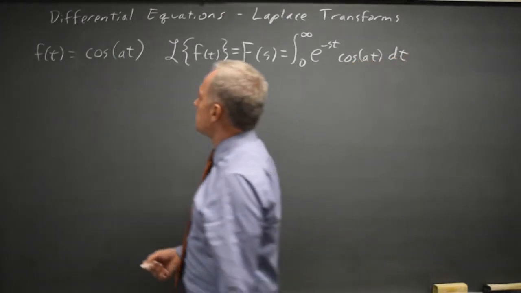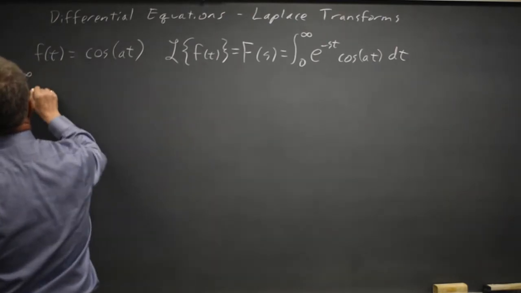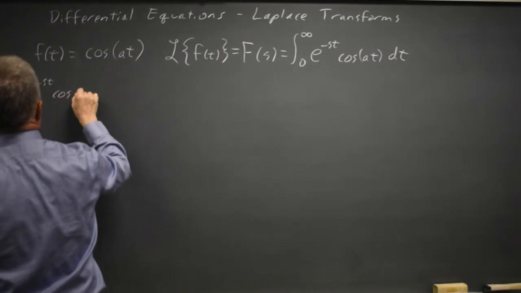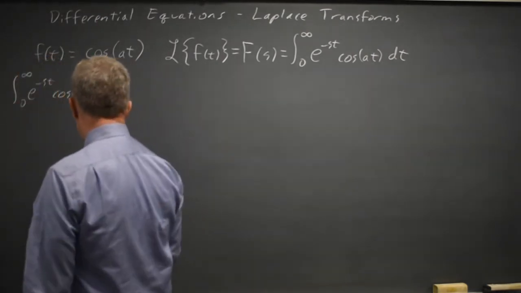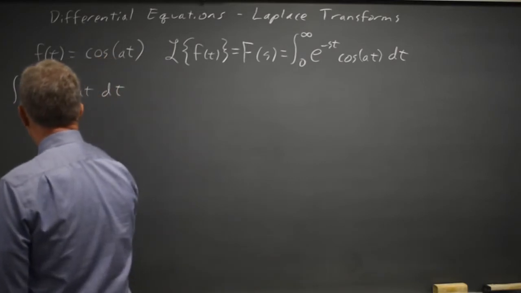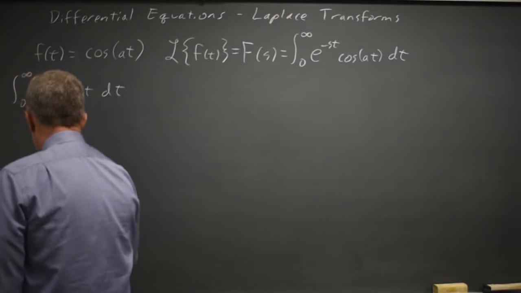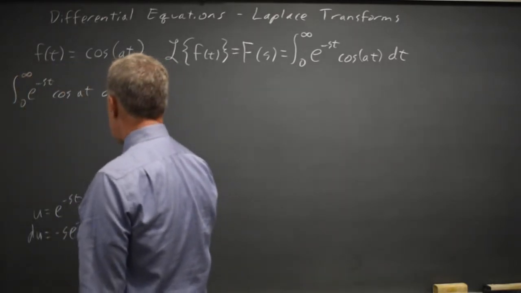So I'm going to find that improper integral, and that will be parts, of course. I'll write my scratch work down here. u equals the exponential, so du is negative s e to the negative st. I could use the trig function as u also.